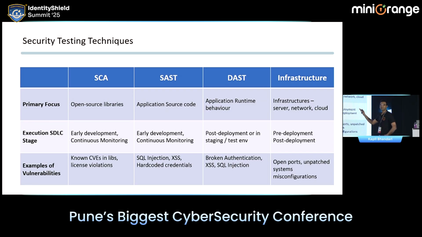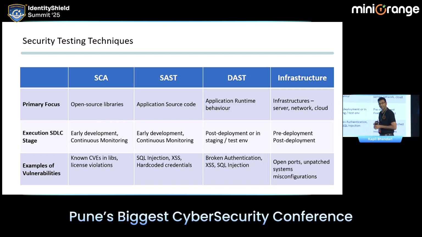Pratish has briefly covered. If you see nowadays, most of our applications are built using open source, right? I would be correct if I quote stats, around 90%, 95% of applications are built using open source libraries, open source components, right? Take an example of Java, right?